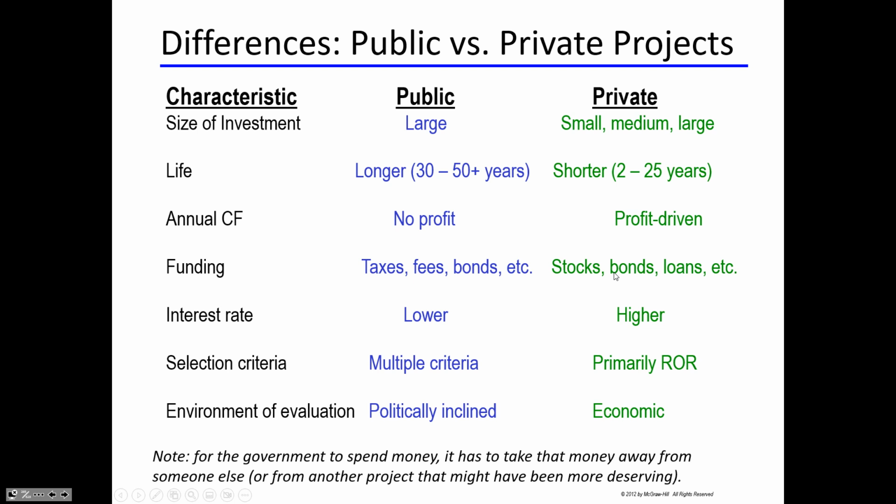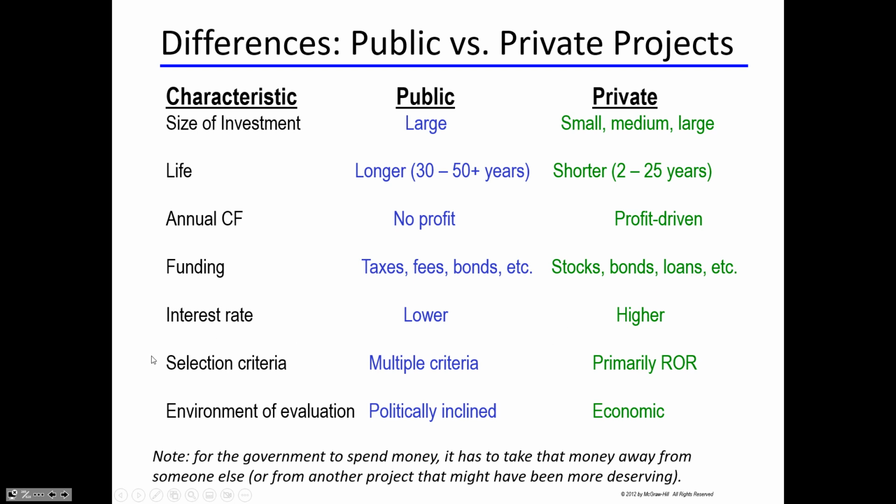And so it's easier for government agencies to be considered trustworthy from an economic standpoint, creditworthy. They have the ability to borrow money at a lower interest rate generally than most companies do, because they've got this guaranteed source of revenue, which is their taxation authority. So that's why interest rates are lower for public projects than for private projects, is they're seen as more secure if they're backed by the government.